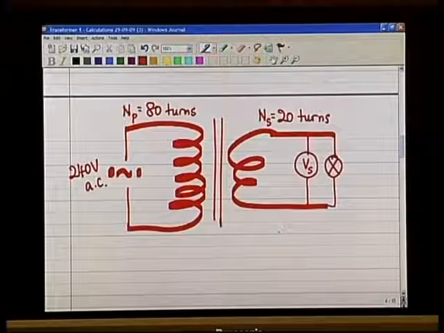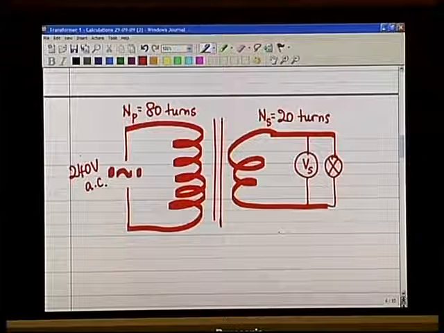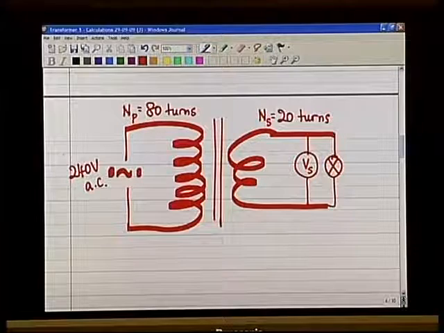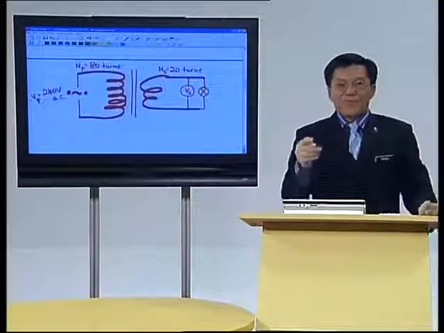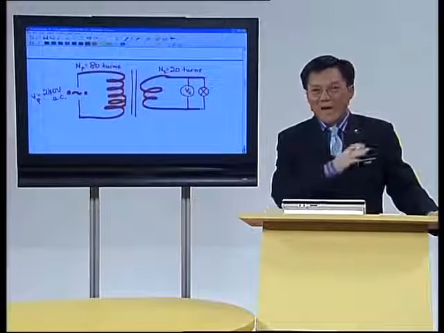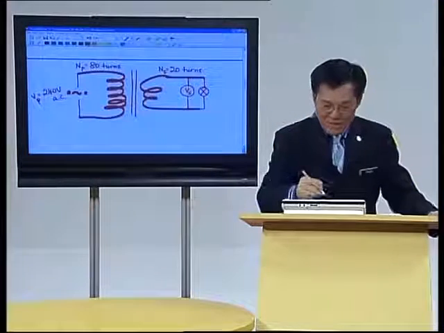And what about 240 volts AC? It is called the primary voltage, so this is Vp. Now, for physics, for any topic, it is very important for you to write down the subscript.